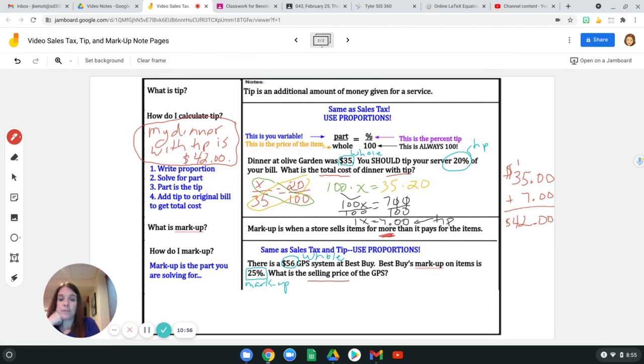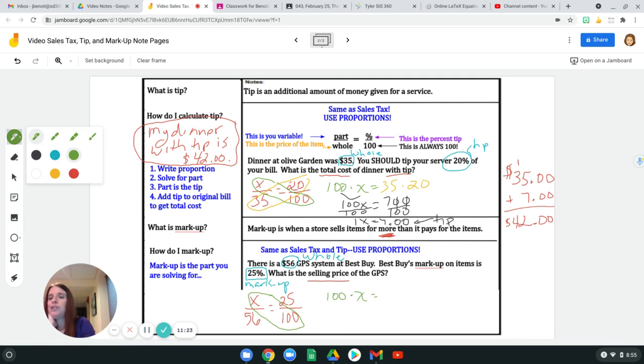All right, well, let's figure out our markup first. Remember, that's always going to be your variable. The cost of the GPS is $56. The percent markup is 25, and that's always going to be 100 down there. Do your math. Numerator times opposite denominator, 100 times x, is equal to numerator times opposite denominator, 56 times 25.